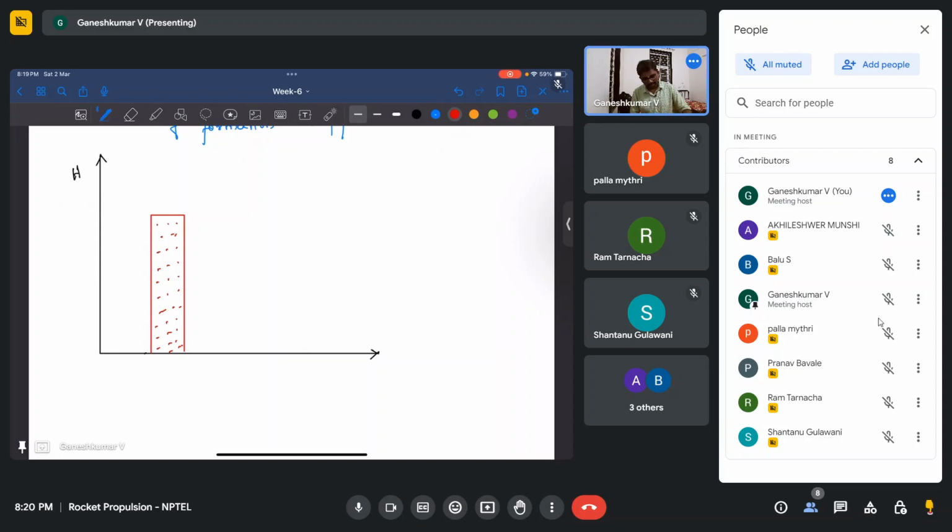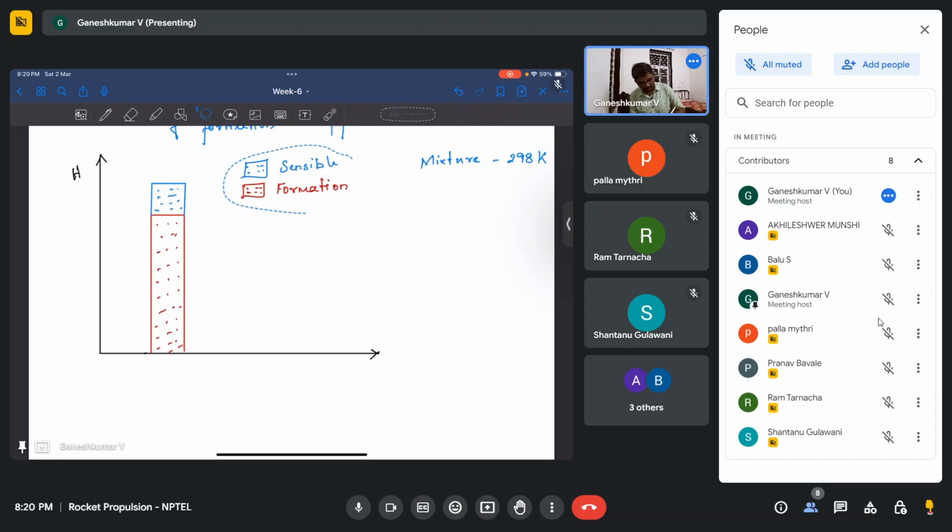Here your mixture will be at, let's say, 298 Kelvin. So you have fuel and an oxidizer at 298 Kelvin. Then you have some amount of formation enthalpy and some amount of sensible enthalpy. Whatever I draw in blue is sensible enthalpy, and whatever I draw in red is formation enthalpy.